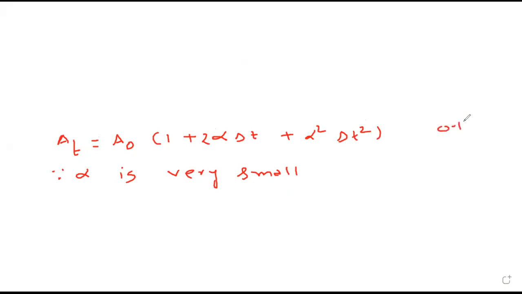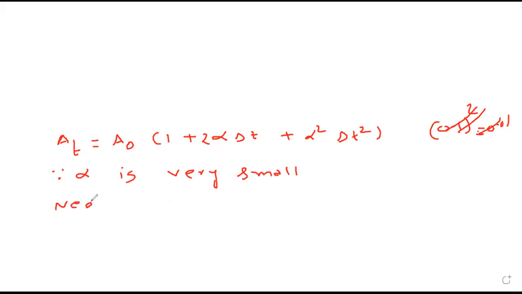What is 0.1 square? 0.01. Is it lesser than 0.1? Yes. So whenever you take square or cube of a number less than 1, the higher power will become lesser.